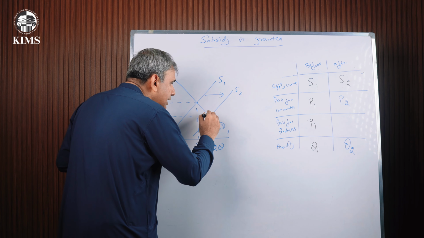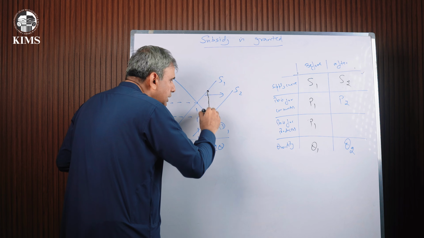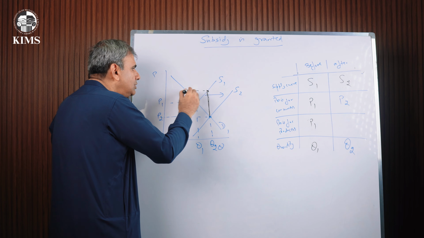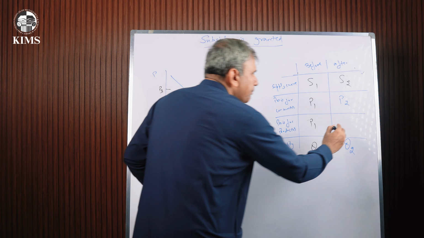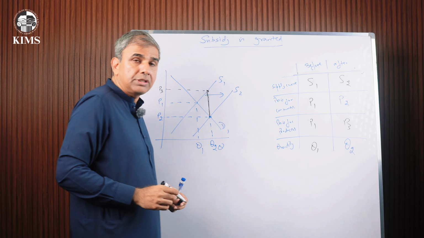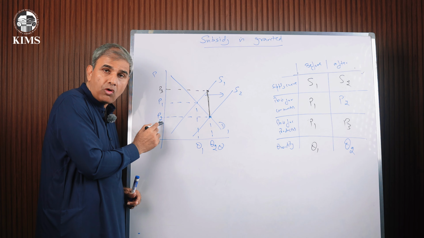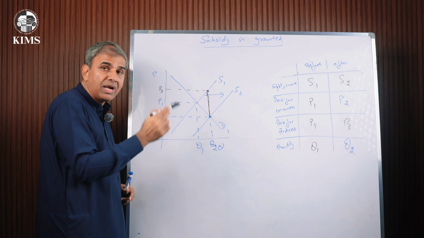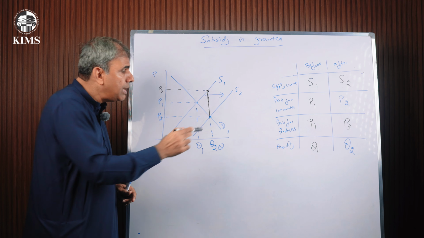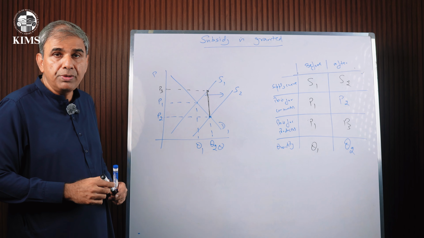So keep adding subsidy, and this black line shows the amount of subsidy per unit, and this is the price P3, that is the price for the producers after the subsidy. Remember, after the subsidy, price for the consumers falls, but price for the producers rises, and the price paid by consumer plus subsidy is the price received by the producers.